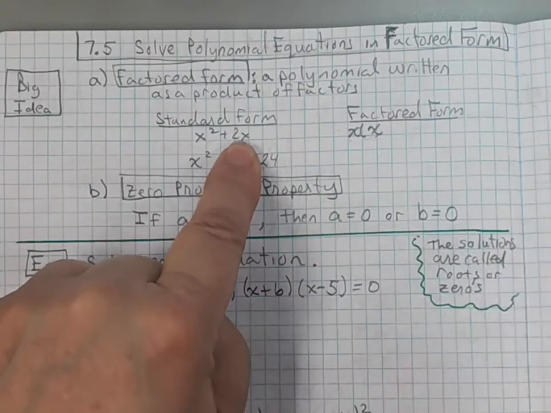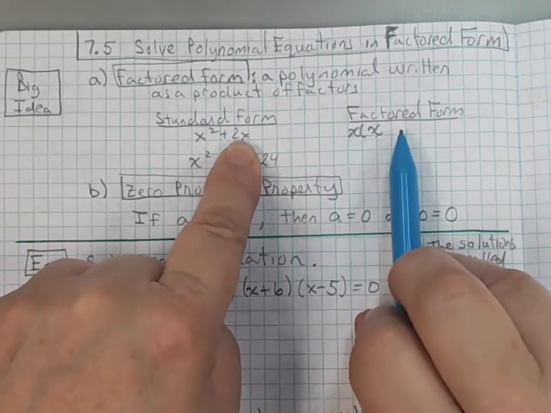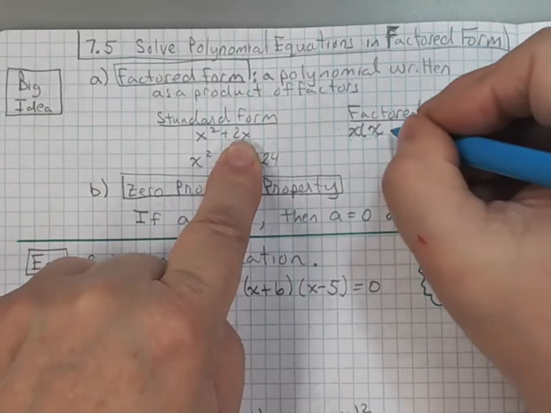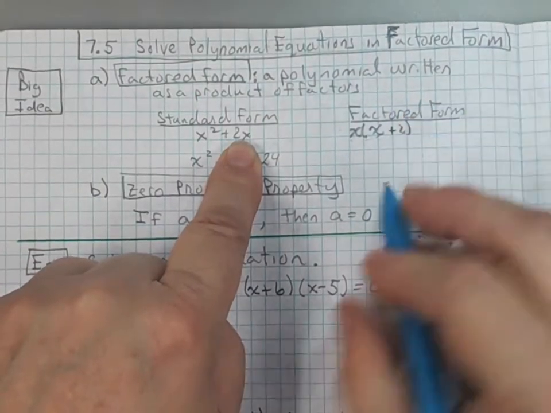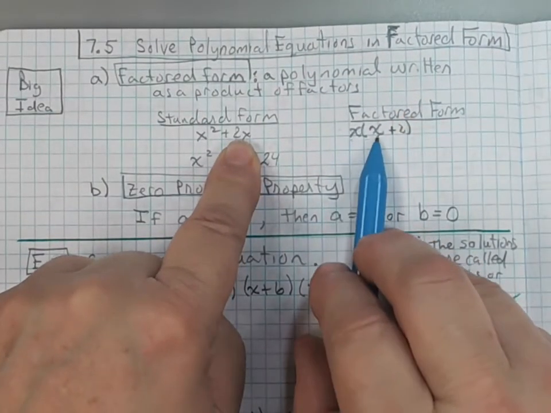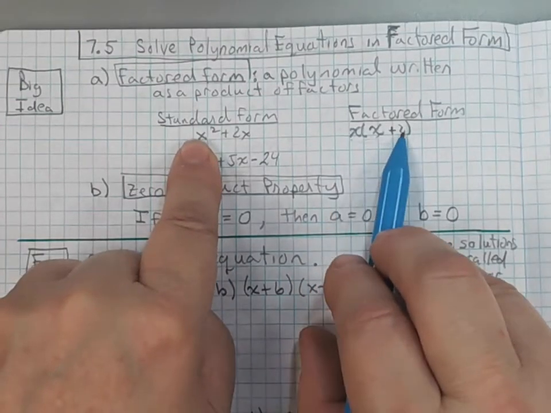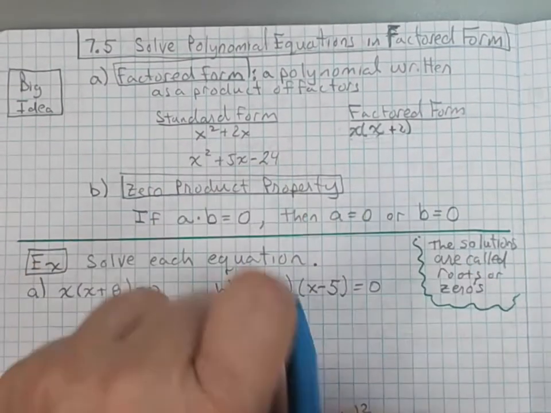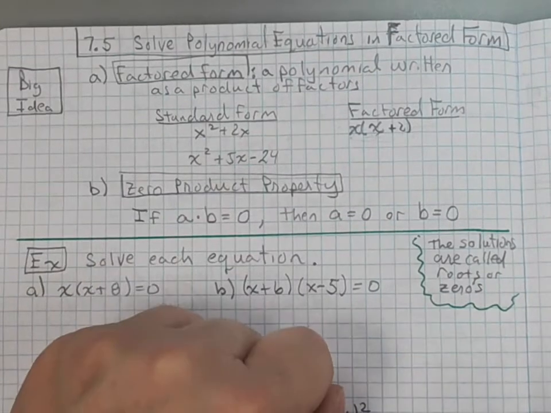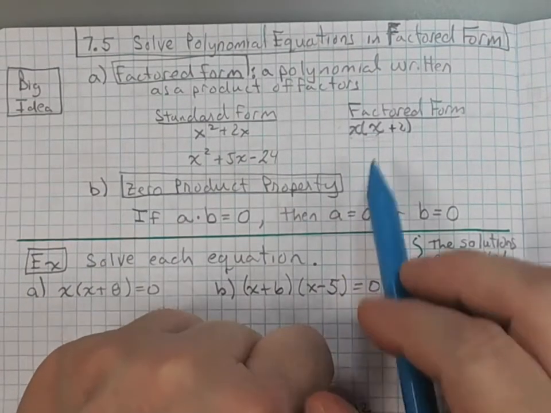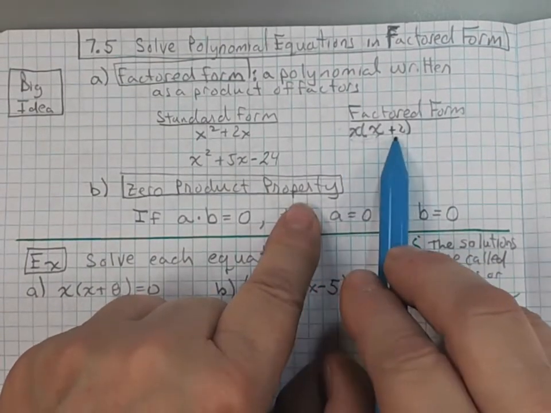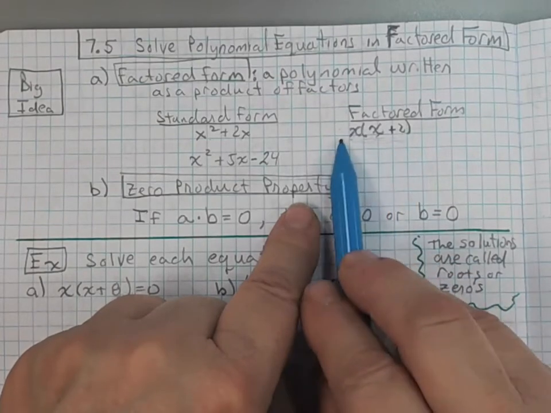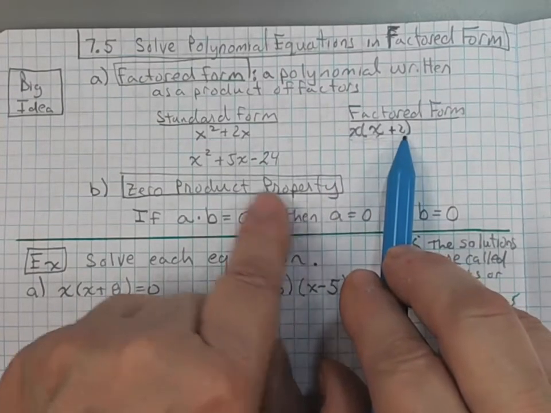This is 2 times x, so the x is here. What needs to go in here? The 2. So we put plus 2. And then if you multiply this back out, x times x squared, x times 2, 2x, the sum, then you get back the original polynomial. So that's called factoring. And I'm using the distributive property in reverse to do it. So taking out a common factor.